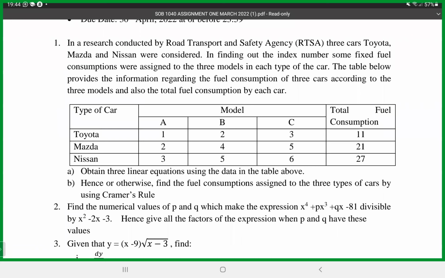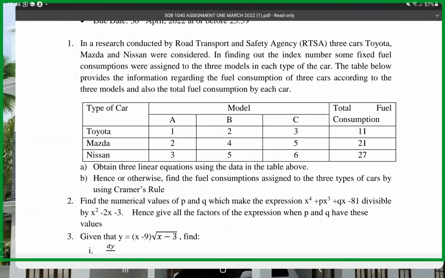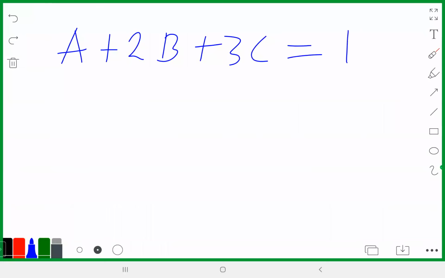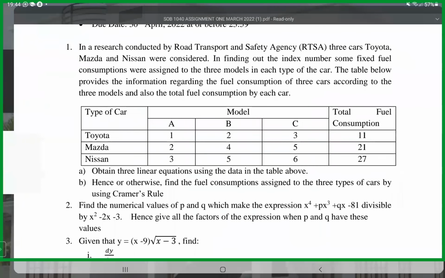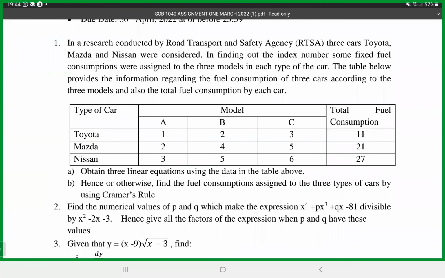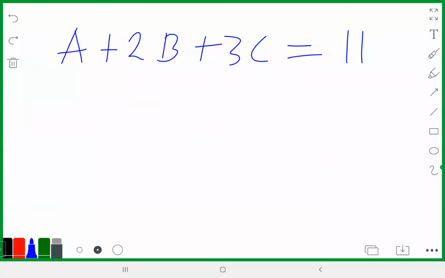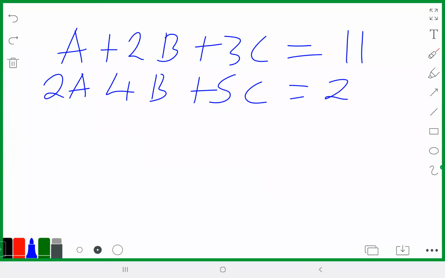Yes, sir. Okay, that is the first equation that you have: A plus 2B plus 3C is equal to 11. Then you got the second equation. It shall be 2A plus 4B plus 5C is equal to 21.